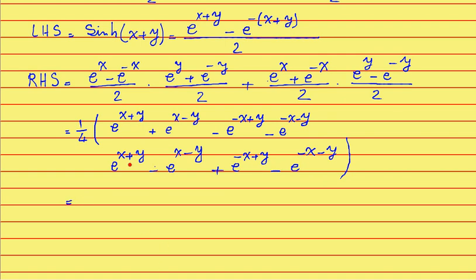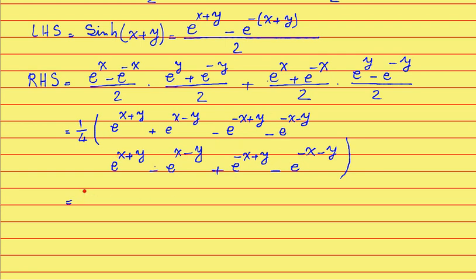Notice this and that are the same. This and that are the same. This and that are the same, except that signs are different. So this plus and minus cancel each other out. Minus and plus cancel each other out. These two double up. These two double up.